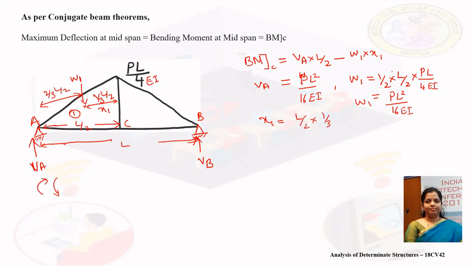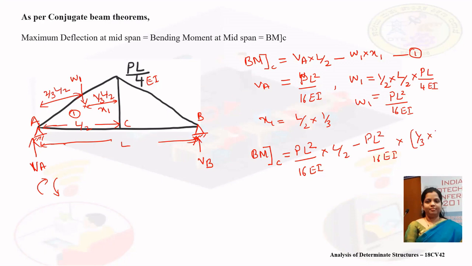Substituting all these values in this equation 1, we will get bending moment at point C, that is PL square by 16 EI into L by 2 minus PL square by 16 EI into 1/3 of L by 2.